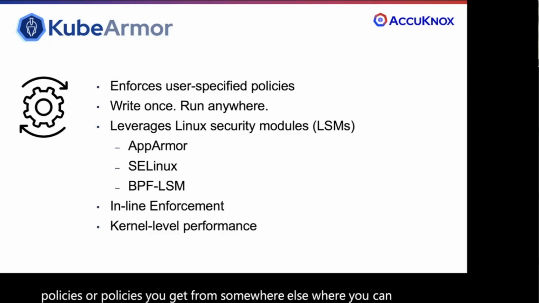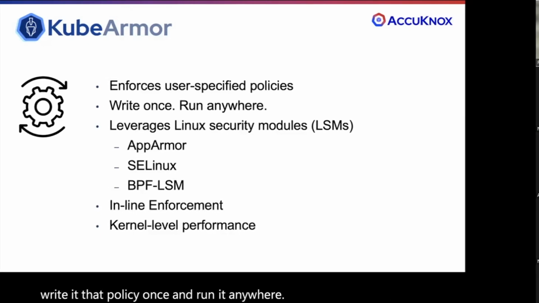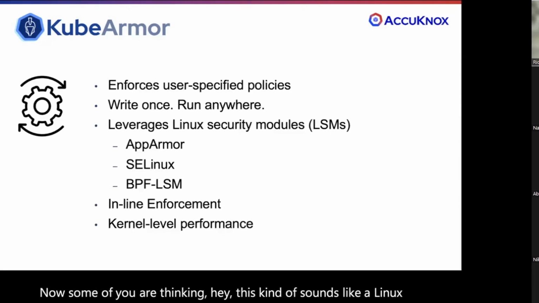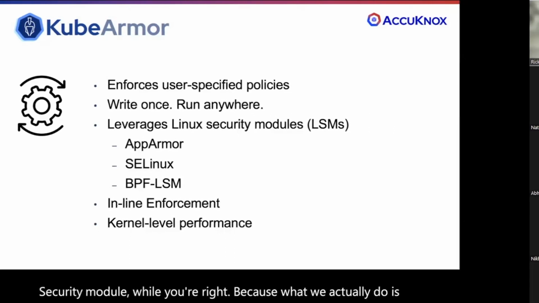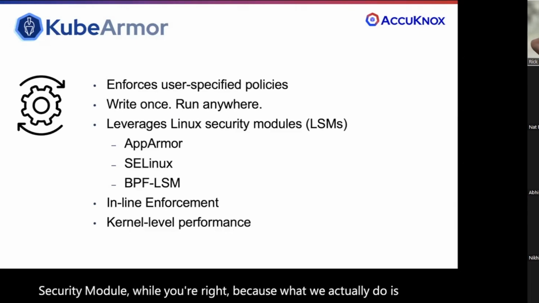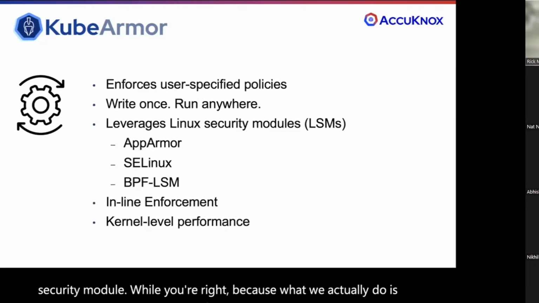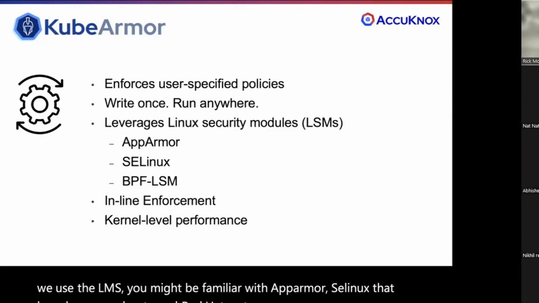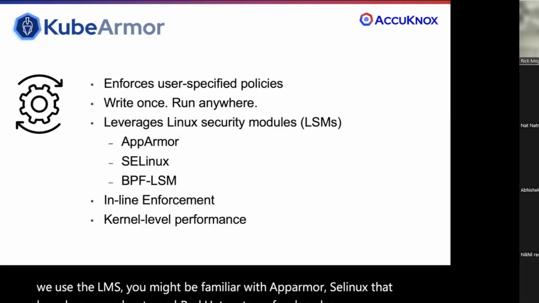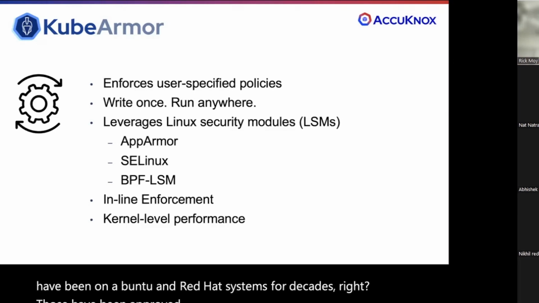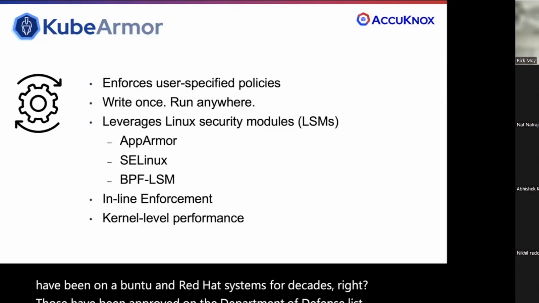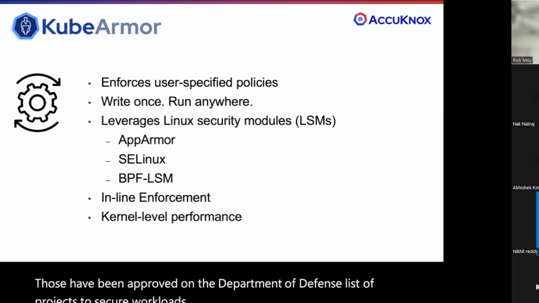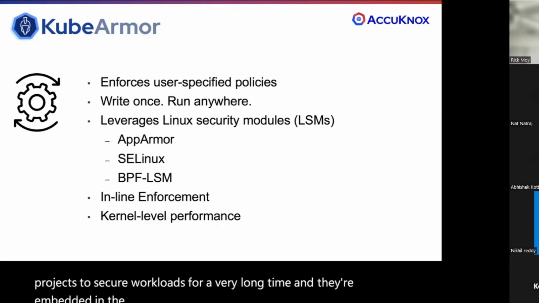Now, some of you are thinking, hey, this kind of sounds like a Linux security module. Well, you're right, because what we actually do is use the LSMs. You might be familiar with AppArmor and SELinux, which have been on Ubuntu and Red Hat systems for decades, right? Those have been approved on the Department of Defense list of projects to secure workloads for a very long time, and they're embedded in the Linux kernel.